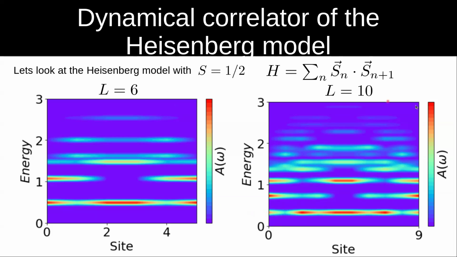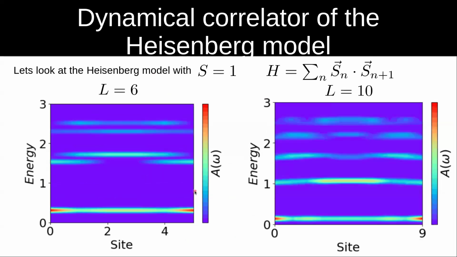And of course, the bigger the system, the more excitations you have. So in a way, these dynamical correlators reflect similar physics as when you have a particle in a box. You can think that these profiles over here are the particle-in-a-box excitations of a quantum magnet.